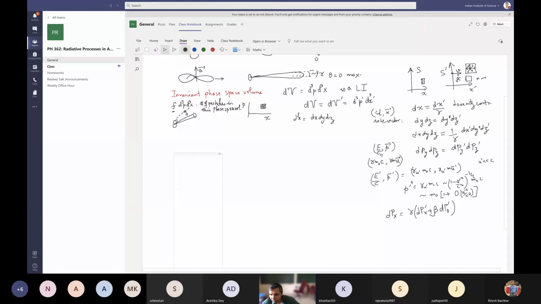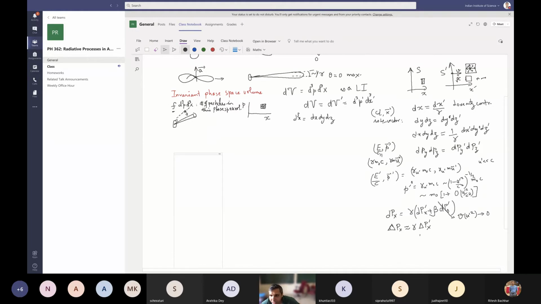So this quantity is actually of order U prime squared, which we can take to be 0 because it's small. So the spread in x momentum in the lab frame is equal to gamma times the spread in the particle rest frame.